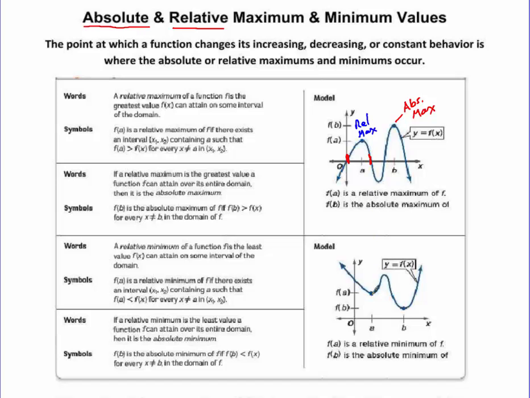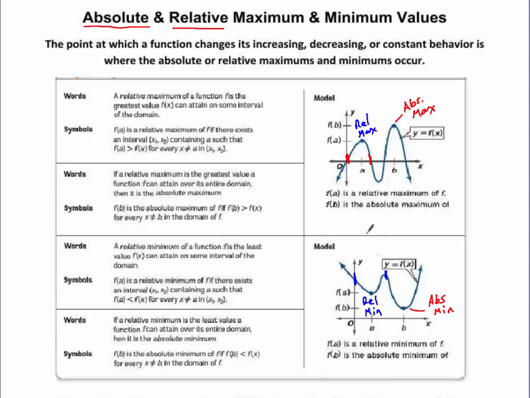It has minimums. So on this little interval here, this point A is the lowest point on this graph. So that makes it a relative minimum. But we have this point, point B, which is the absolute minimum. So remember, maximum and minimum, max just means the highest point on the graph, minimum means the lowest point on the graph.